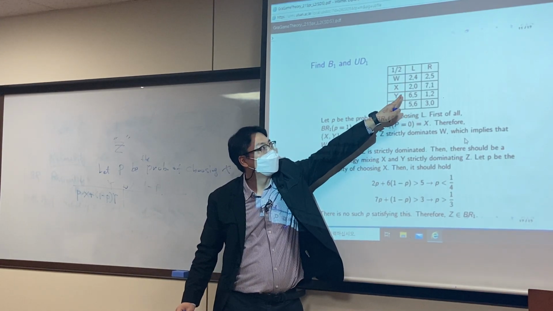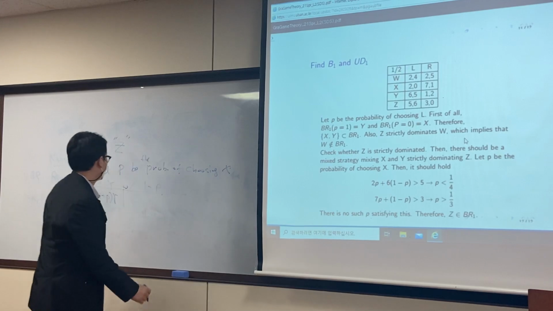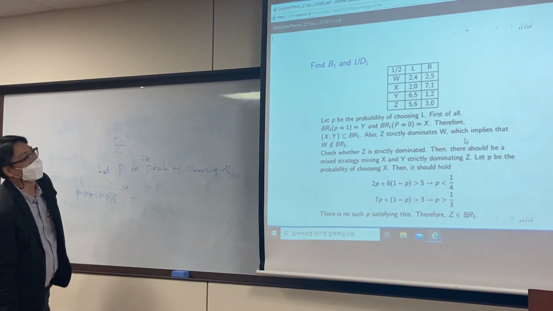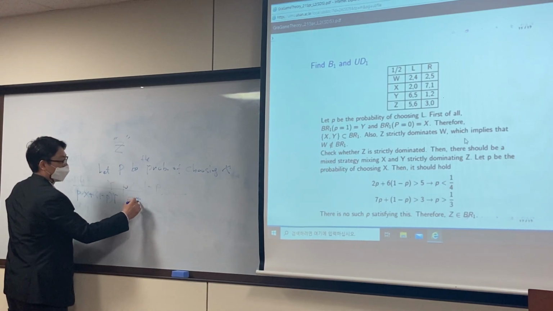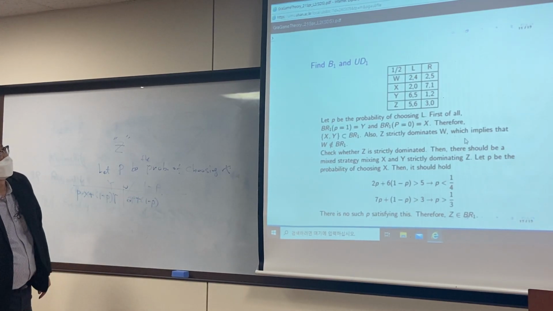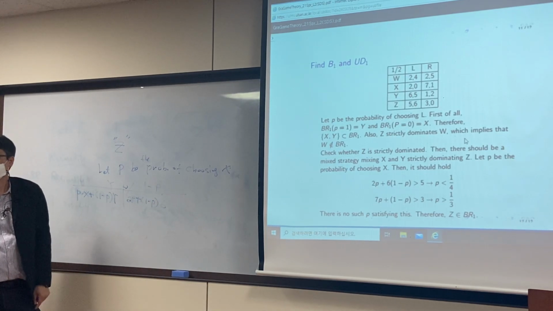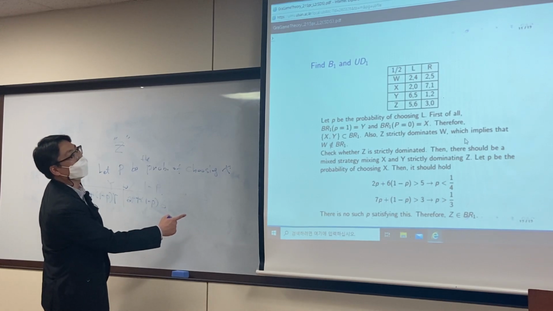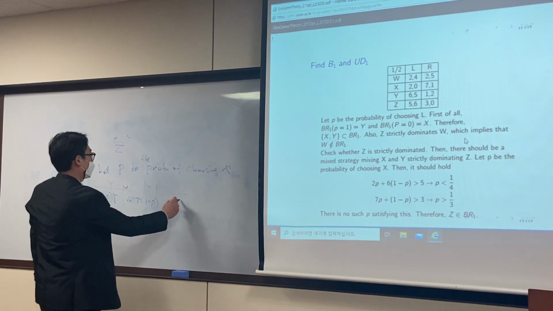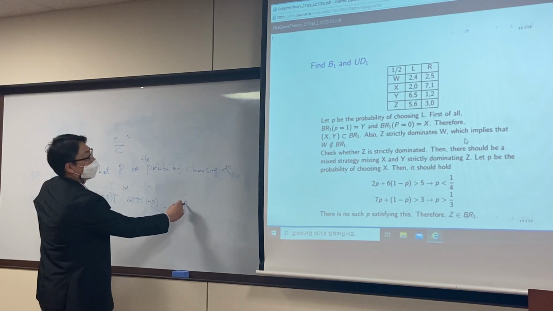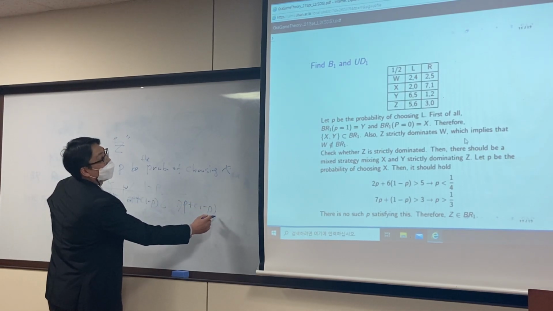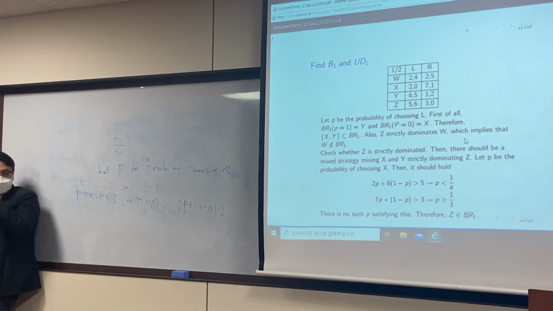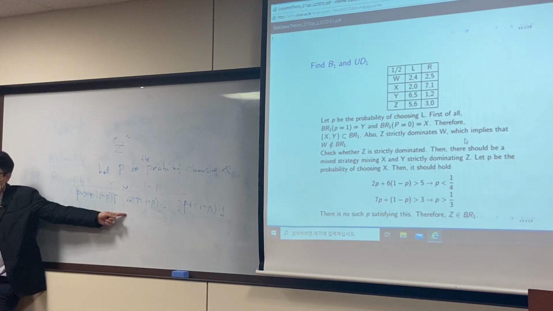Then I'm going to expect 2P plus (1 minus P) times 6, and 7P plus (1 minus P) times 1. If I'm mixing X and Y, then this is the expected pair.